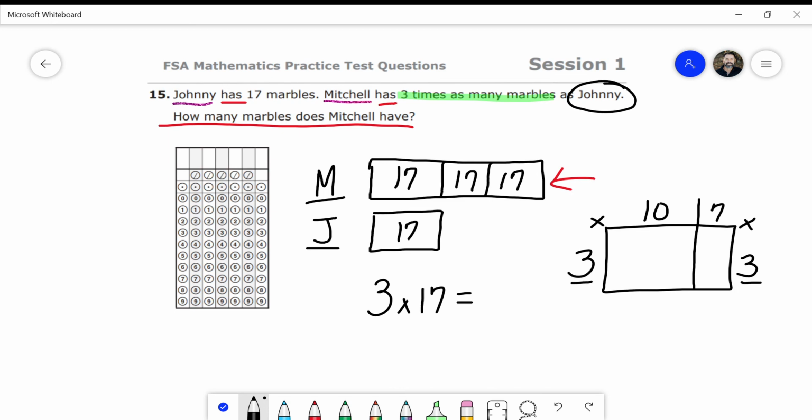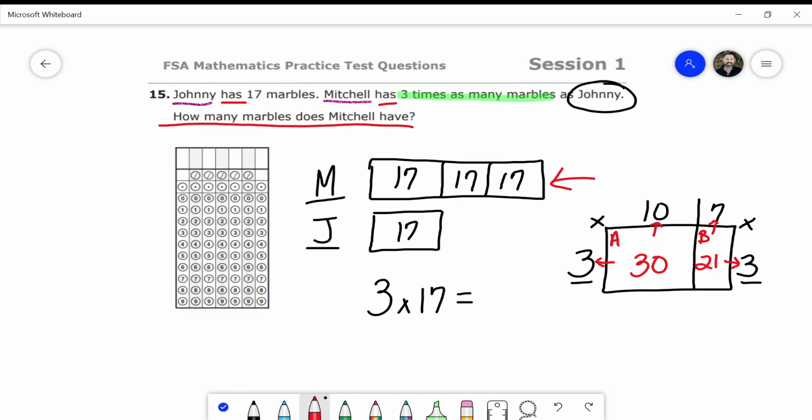Okay, so I call this part here part A and this part B. So for part A, what we want to do is multiply the 3 and the 10. So 3 times 10 is 30. And then for part B, we're multiplying the number right next to it, 3 times the number on top of it, which is 7, and that's 21.